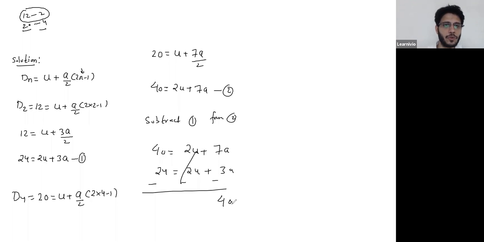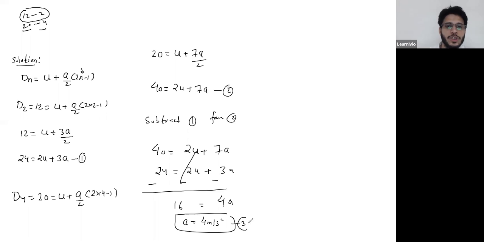So this is 4a, which is 16. So a comes out to be 4 meter per second square. Sania, clear now? Yes, sir. Where were you making the mistake? In the substituting part.